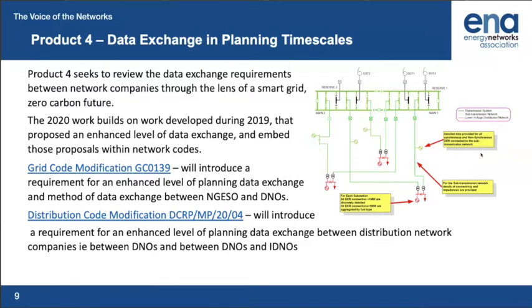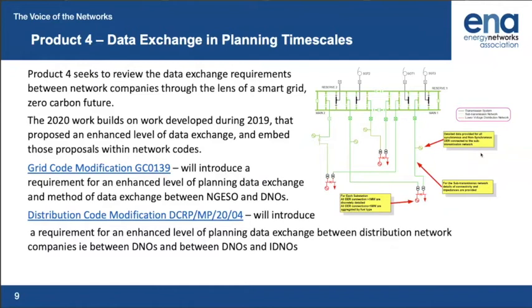Right, I shall pick up product 4, which is looking at data exchange in planning timescales. At the moment, the data exchange requirements between T and D are enshrined in the grid code, and they have been relatively unchanged for many years.